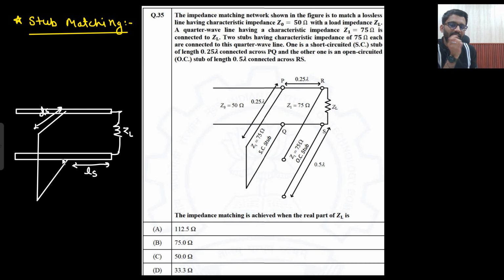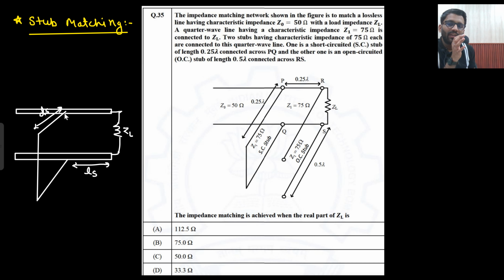This DS could be anything, and this LS could be anything. So there is this transmission line which has some load, and at some LS distance from the load, I connect another transmission line which can have any Z0. I will either keep it shorted or open circuited, and this length can also be anything.